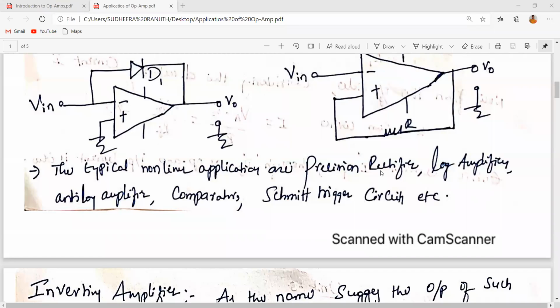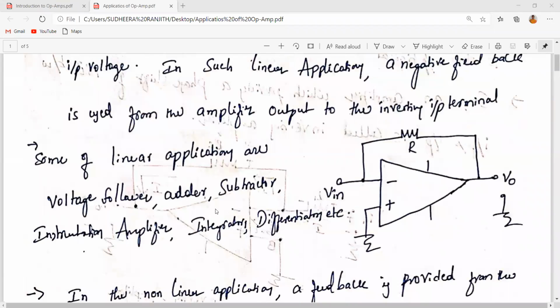So these are the examples of nonlinear applications. The adder, subtractor, inverting and non-inverting amplifier, voltage follower, instrumentation amplifier, integrator, differentiator, and V2I, I2V converters, they all are linear applications. So you have to remember, linear application means output varies linearly with respect to input.